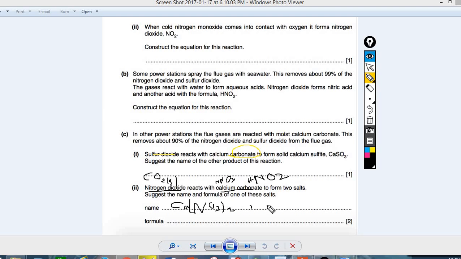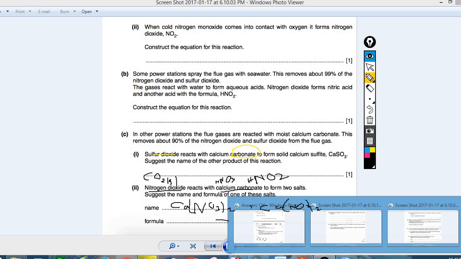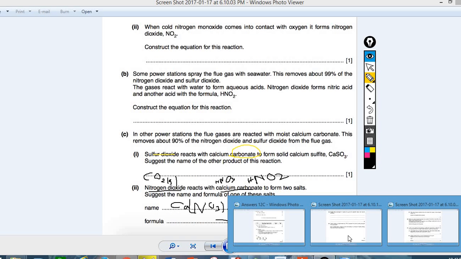And the next one is calcium nitrite, Ca(NO2)2, twice, because calcium has the valency of 2. Actually this should be in the formula row. You can just go ahead and write the names calcium nitrate and calcium nitrite. Okay, so that's it for that.